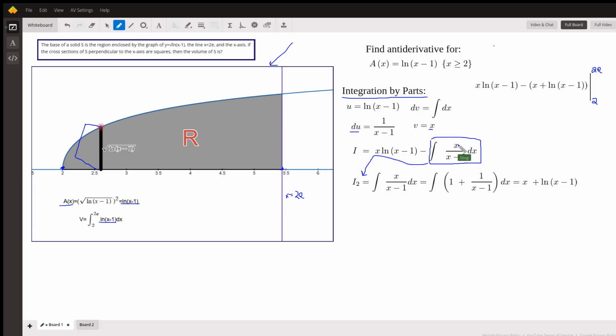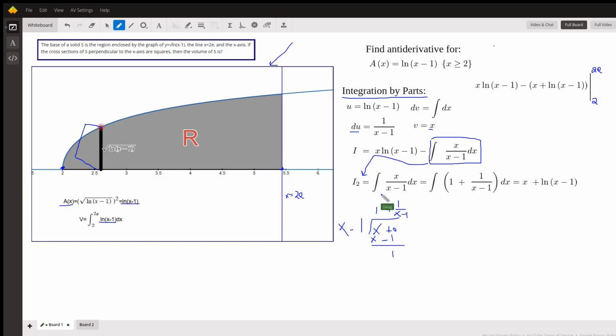To get the antiderivative for x over x minus 1 dx, you have to actually think of dividing x minus 1 into x. And that goes one time. And then when you subtract, that's the remainder. There's the remainder over the divisor.